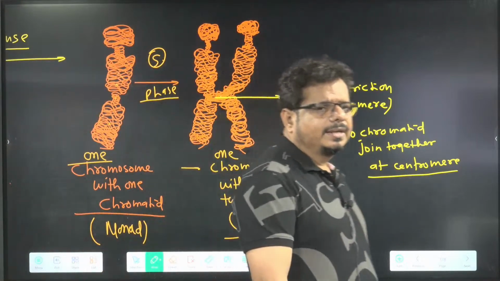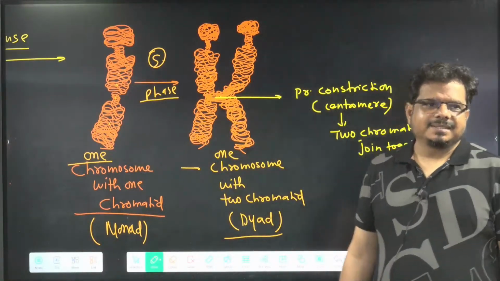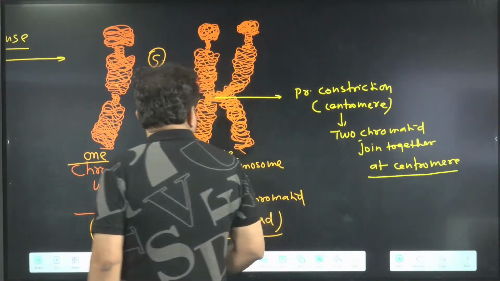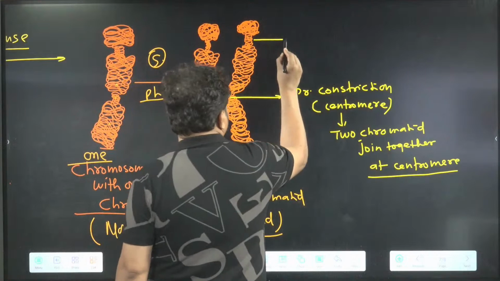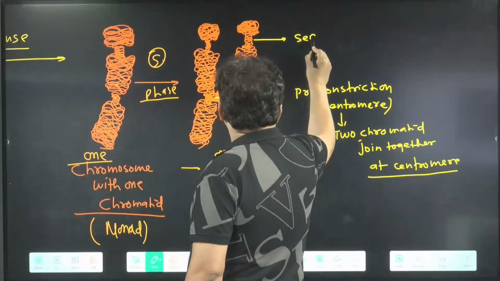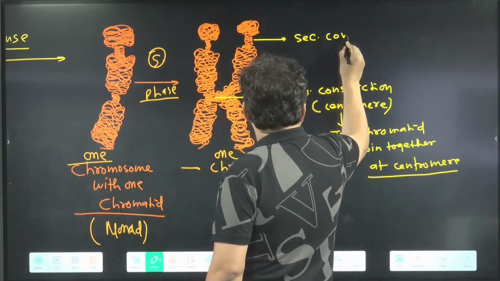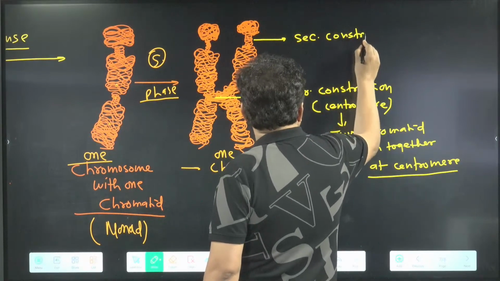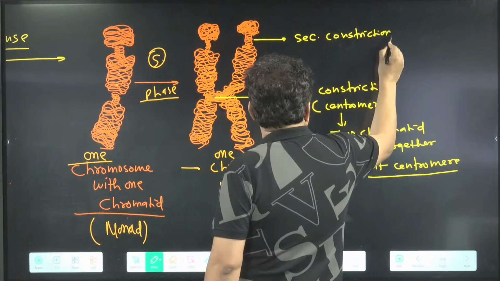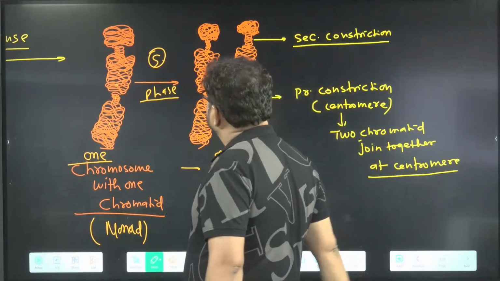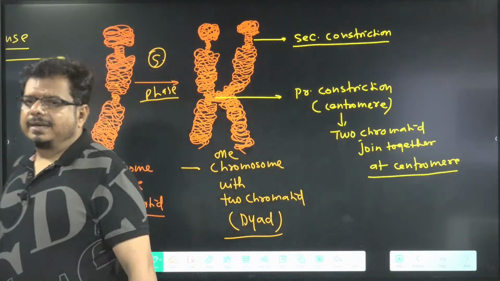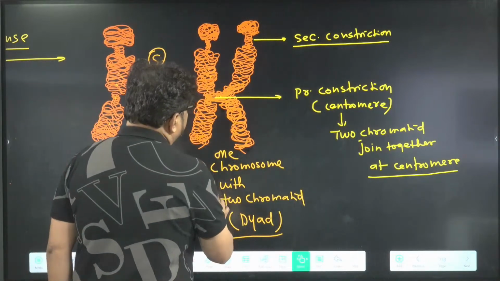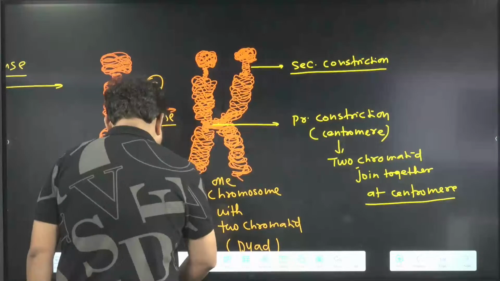Did the picture come in mind? 2 sister chromatids joined together at centromere. Now here it is another constriction. It is called secondary constriction. Secondary constriction. Understanding the idea, it is called which constriction? Secondary constriction.